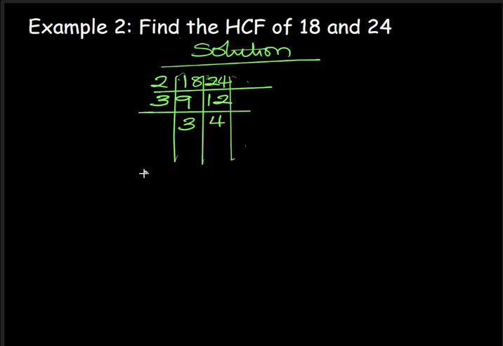And then we can say that our HCF is equal to 2 times 3, and that will be equal to 6.